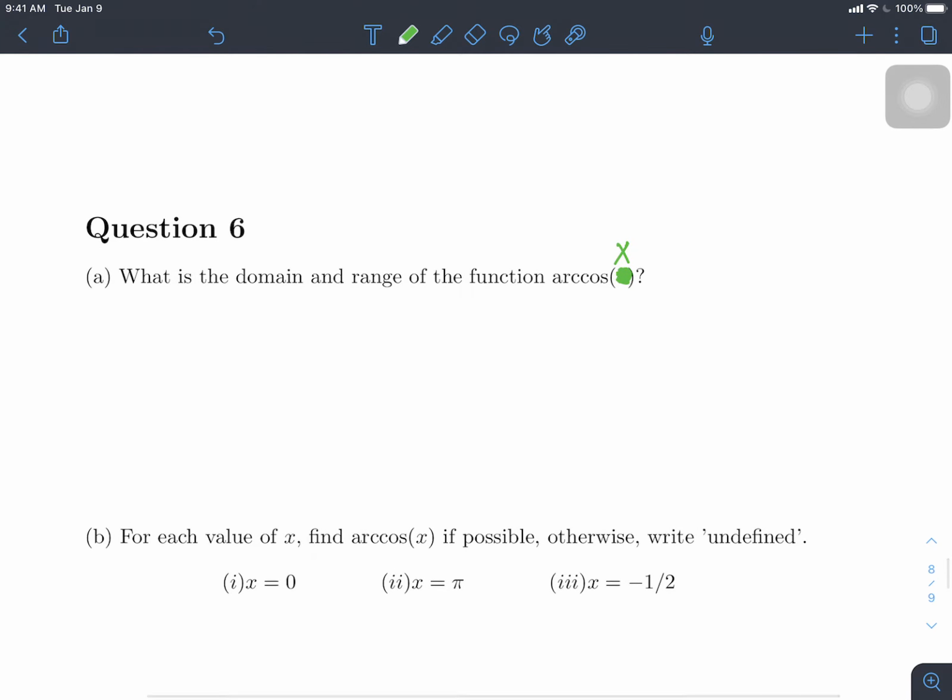Okay, and the domain and range of the function arc cosine are as follows. Well, arc cosine takes as input a value x, which is an x coordinate of a point on the unit circle.